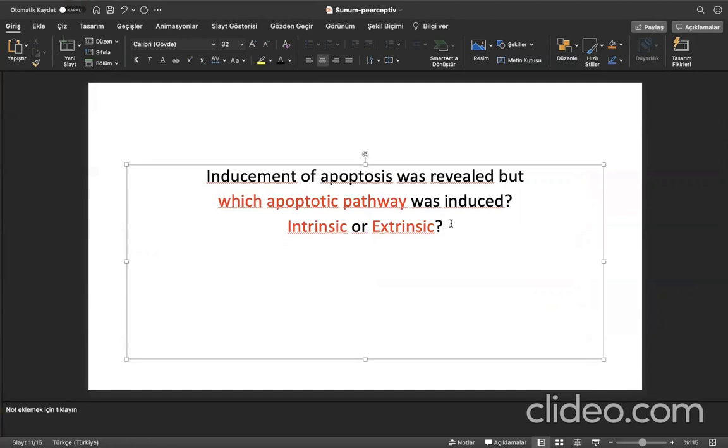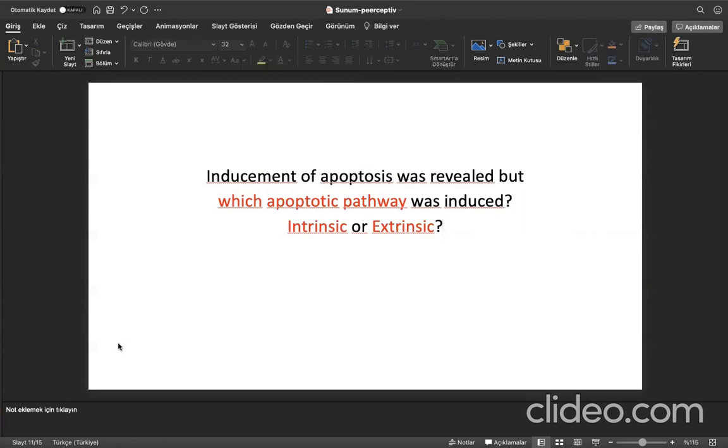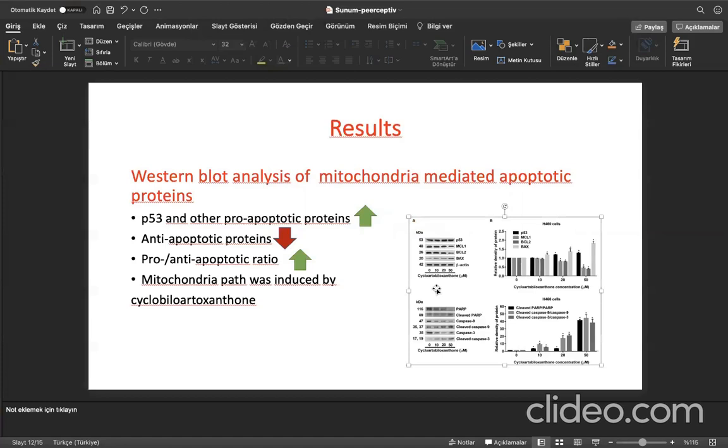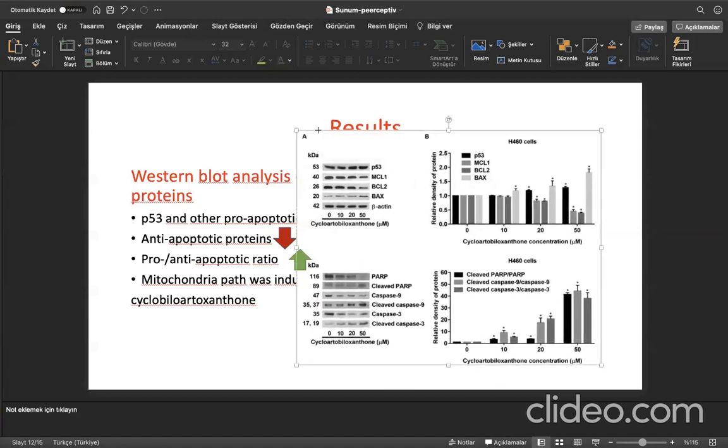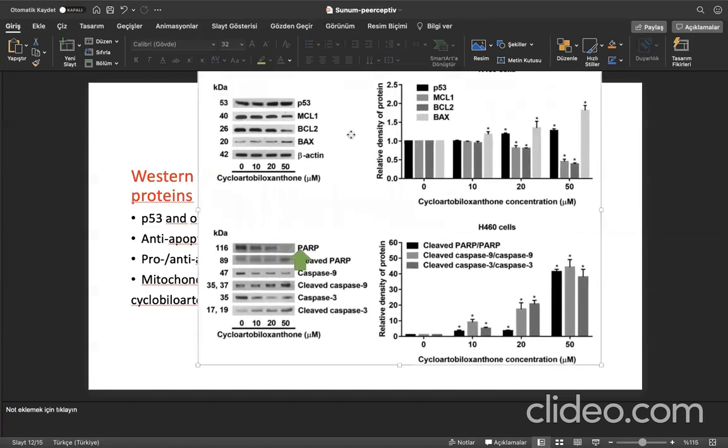But which apoptotic pathway was induced? It was the intrinsic pathway, which uses mitochondrial proteins, or the extrinsic pathway. They measured the expression of the apoptotic proteins, the intrinsic apoptotic pathway proteins. These are mitochondrial proteins.